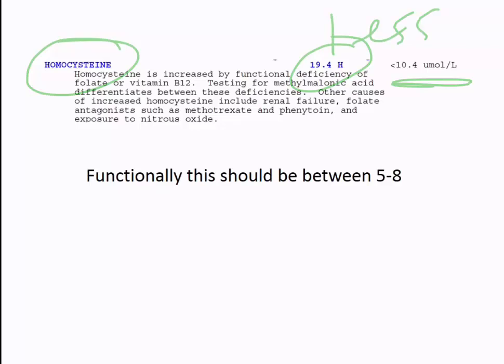If you've watched any of my other videos, we talk about functional range. For functional range, we want this between 5 and 8. So you can see this person is sitting at 19. We want it between 5 and 8. So that's a major problem. He has major inflammation, brain fog, autoimmune conditions. You have to decrease your homocysteine. It's not a very pleasant marker to have elevated.